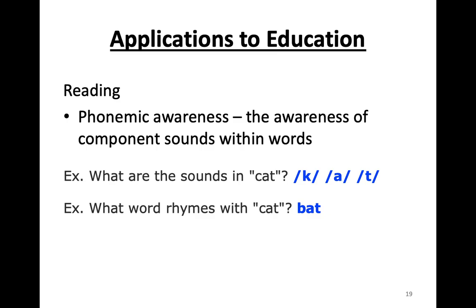So the short of it is, if you want to get a kid to read at grade level, you teach them phonics. And research has even gone on to show that teaching these skills to 4 and 5-year-old kids, they end up doing better on reading achievement tests years later. So phonics are really important.